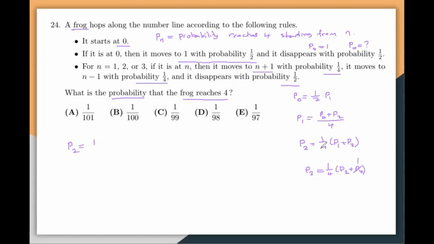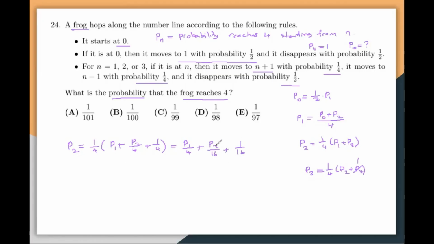Maybe I should multiply all these by 4, but I'm just going to leave it as it is. So 1/4 times P1 plus P3. P3 is these two: P2 over 4 plus 1/4 times 1, which is 1/4. If I clean this a bit, that should be P1 over 4, and then P2 over 4 times 1/4, which is P2 over 16, and then 1/4 times 1/4 is 1 over 16.